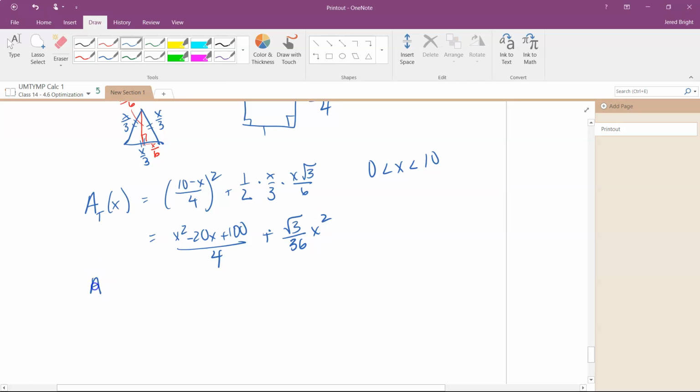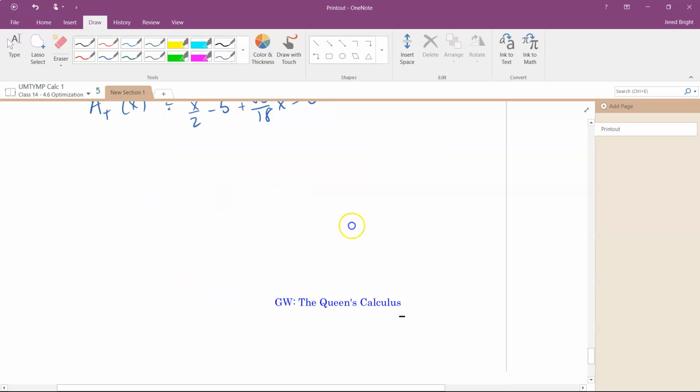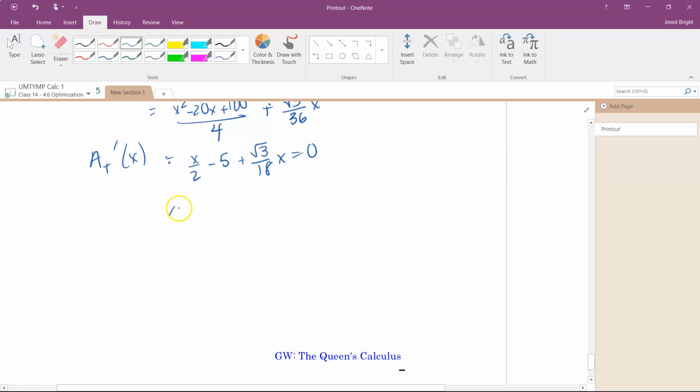Okay, so then that makes my derivative even easier to compute, so I can find the critical numbers, but I'd end up with x over 2 minus 5, I'm sorry, and then plus square root of 3 over 18 x, okay, and set this equal to 0. All right, and so here, once you solve for x, you get 5 over (1/2 plus square root of 3 over 18), which is approximately 8.38.